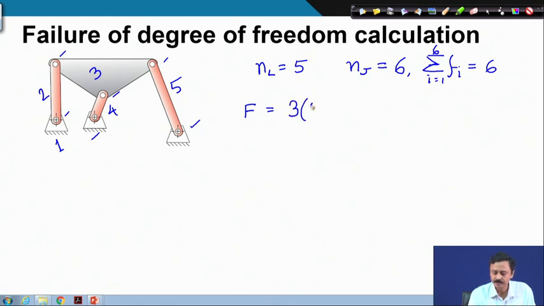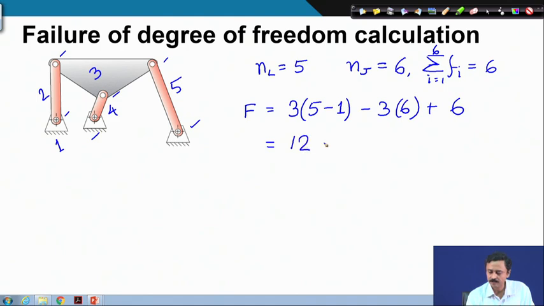Therefore, the degree of freedom of this chain is 3 times (number of links minus 1) minus 3 times number of joints plus summation of degree of freedom of all joints. This gives us 12 minus 18 plus 6, and that turns out to be 0.